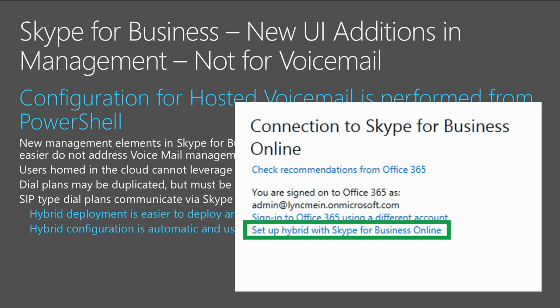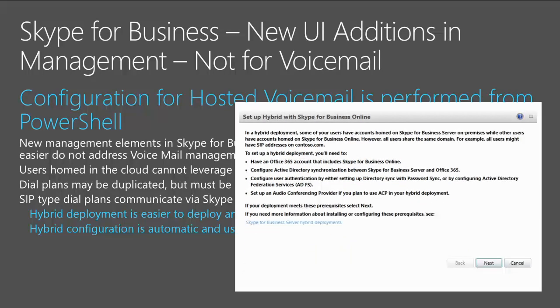This is new in the product, so we give you an option here. It's basically going to configure all of the things that you used to have to do in PowerShell. Take the next step here. We're actually going to log in with an account to your Skype for Business online.